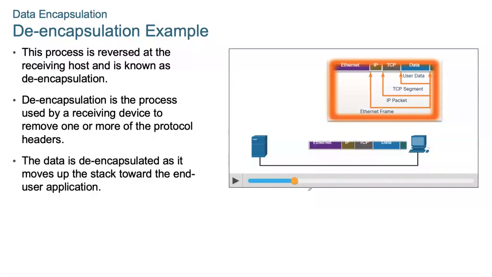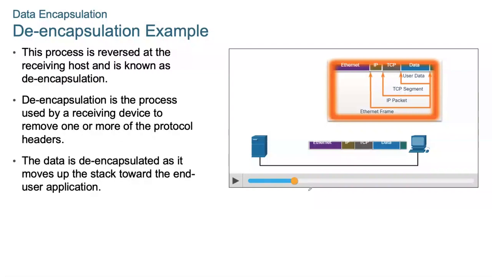You can see as soon as it is received by the client, the decapsulation process takes place. First the Ethernet will go, then the IP, then the TCP header, and finally the user data will be available to the client for the request. So I hope it's clear for data encapsulation and data decapsulation. Good. Okay.